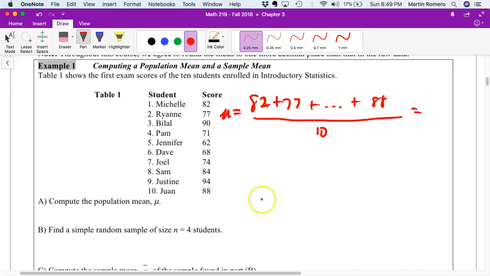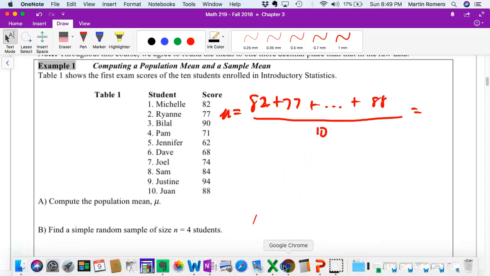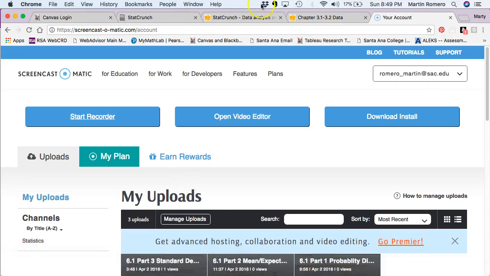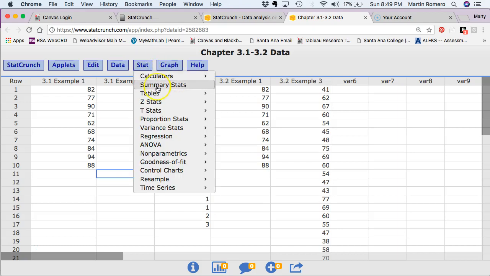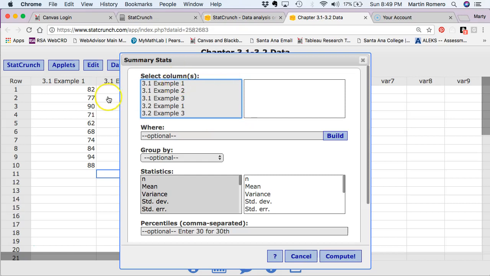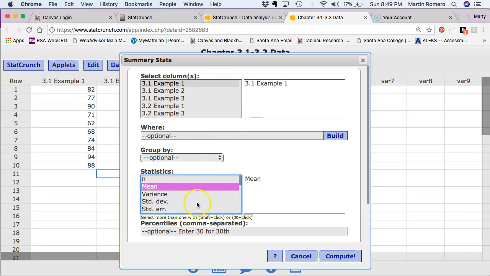Now, what we're going to be doing in this class is using Statcrunch to do this. And so I have the data already in Statcrunch. There it is right here. There's the first example, and then what you do is summary stats, column, and then from there, I want this example, and then you can click just mean right there.